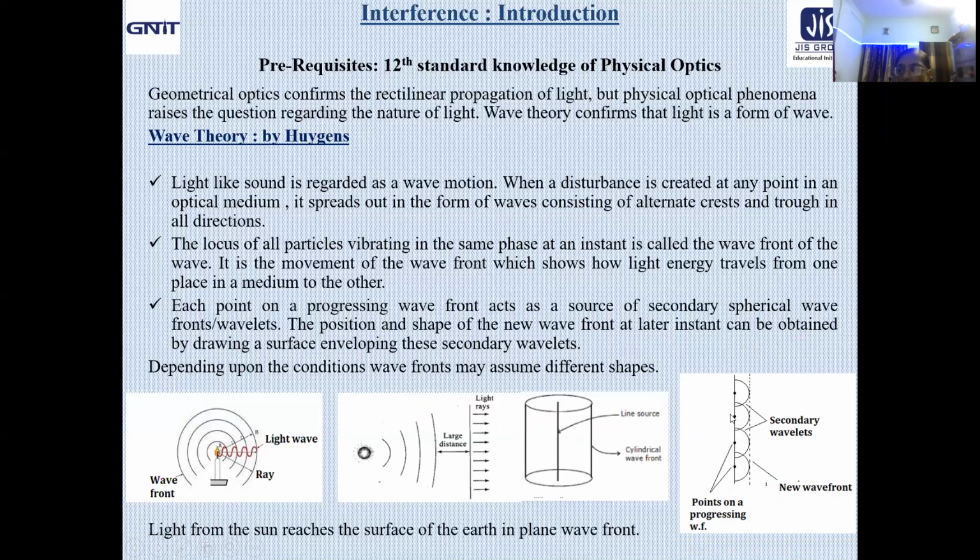You can consider each and every point on this progressing wavefront as a source of secondary spherical wavefront or wavelet, like this one. That means from this point, waves will come out in the form of crest and trough in all directions. Now, you connect them, what you will find? You will find this spherical wavefront. It is the locus. The locus will give you the spheres.